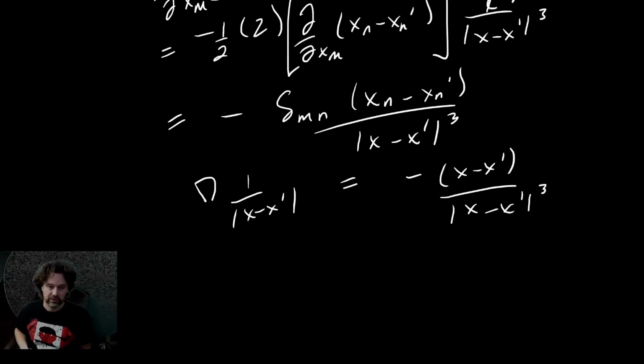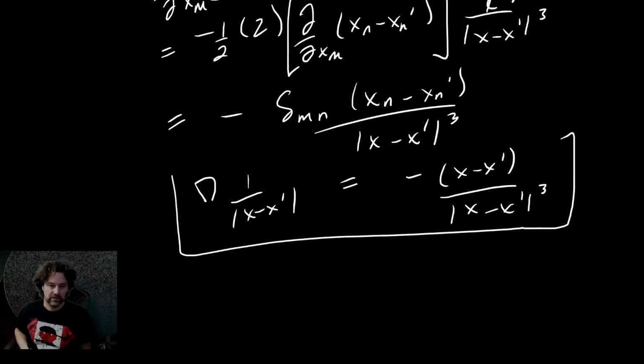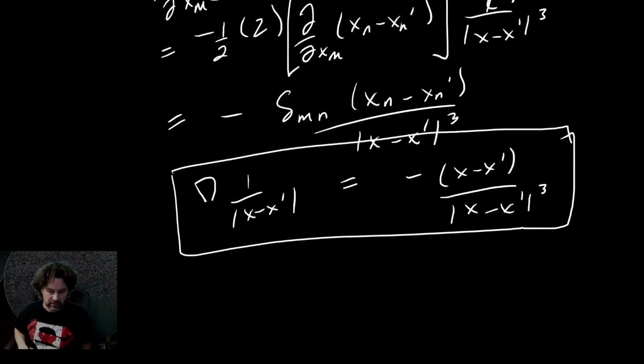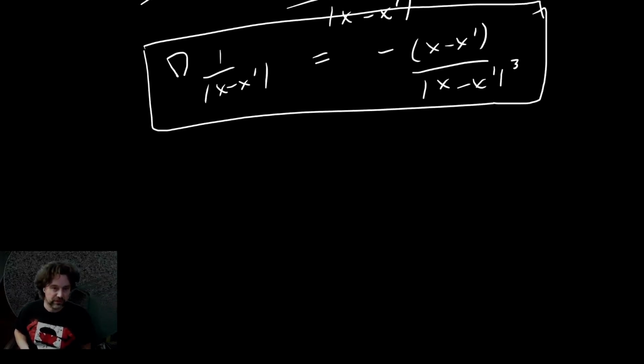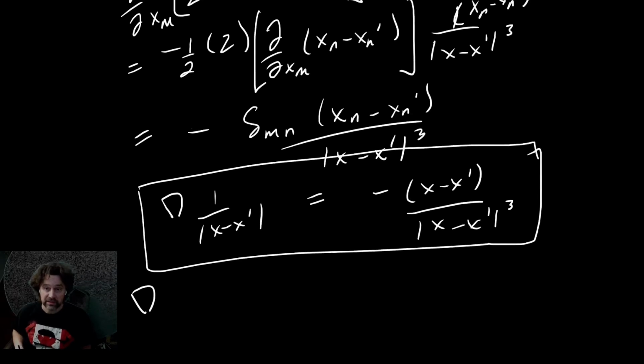All right. Next up, we want the divergence of this. Notice specifically that this is only true when x minus x prime is not equal to 0, because if that was the case, we'd be dividing by 0.